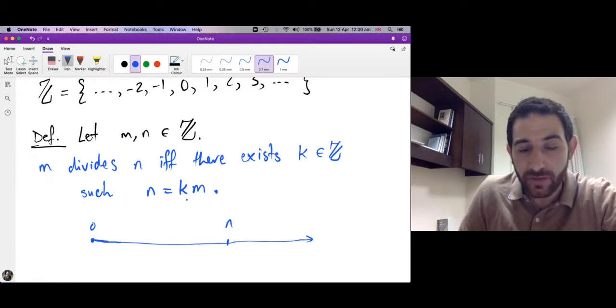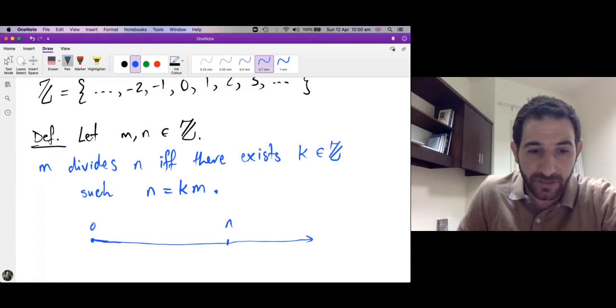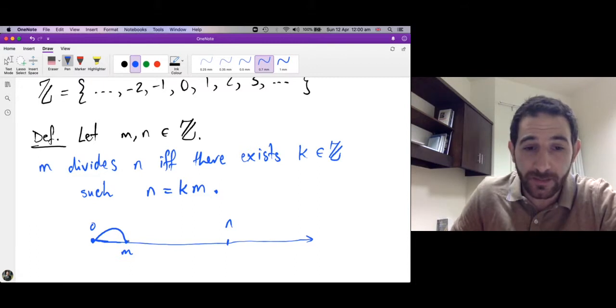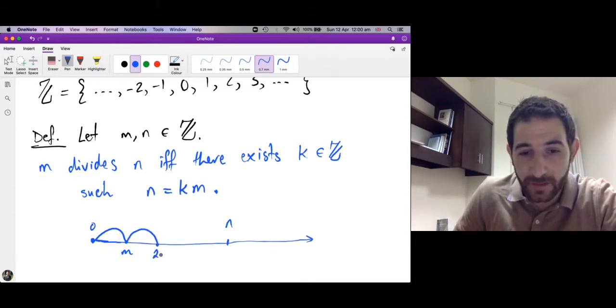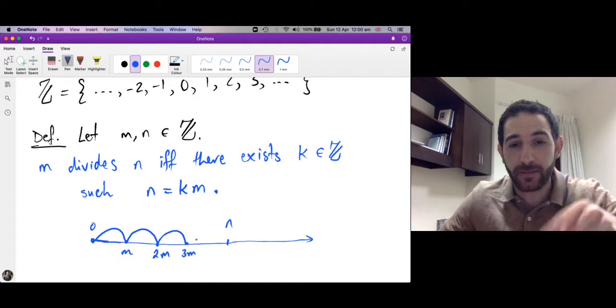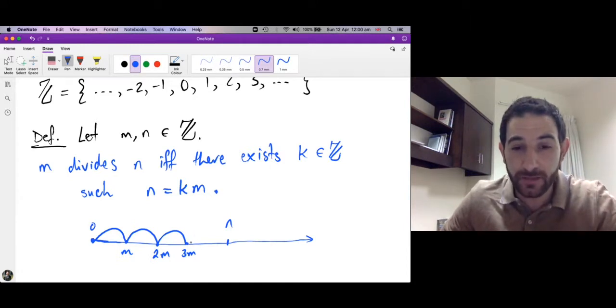We start at 0, take a step of length m, and reach m. Take another step of length m, we reach 2m, then another step and we reach 3m. We keep taking steps of length m until we hit n.